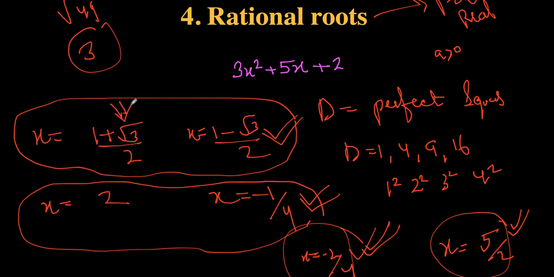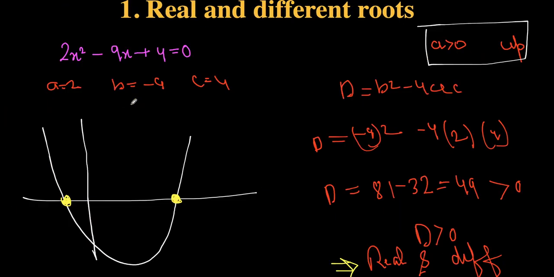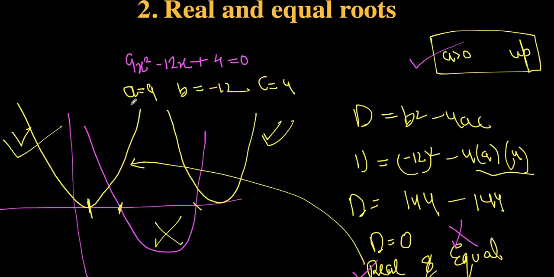So hope you understand. We are going to get real and different roots when we have a discriminant greater than 0, and graphically it means that the curve will cut the x-axis 2 times. If you have real and equal roots, then your discriminant b square minus 4ac should be equal to 0, and graphically it means that the graph should touch the x-axis.